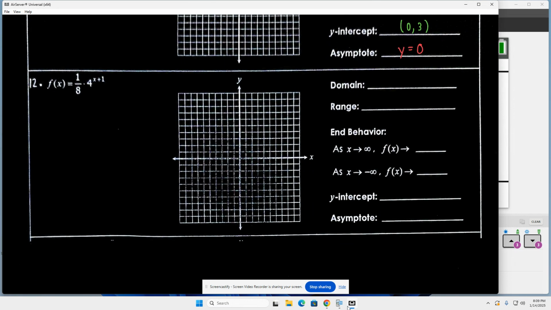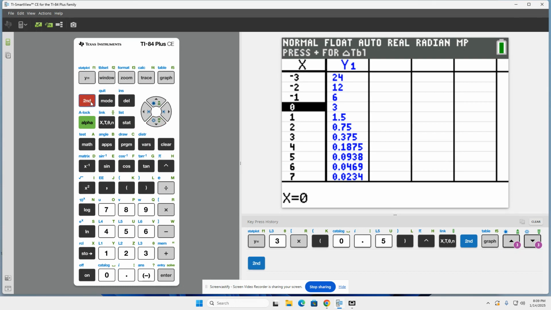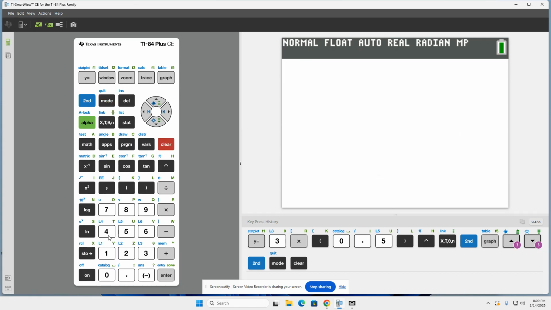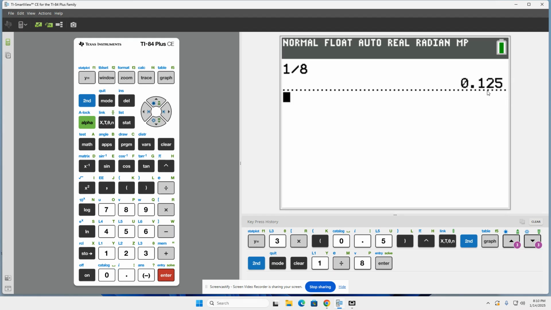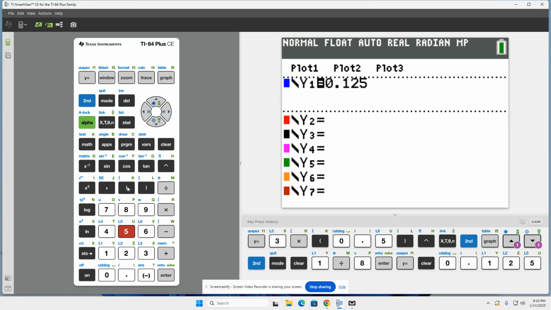Now next one, number 12. I wish, man, if I had this over, I probably wouldn't have done 1/8, but I did. Let me just show you because I've got to stay consistent. So when I go here, I'm going to put 1/8, which is 0.125, times 4 raised to the x plus 1.